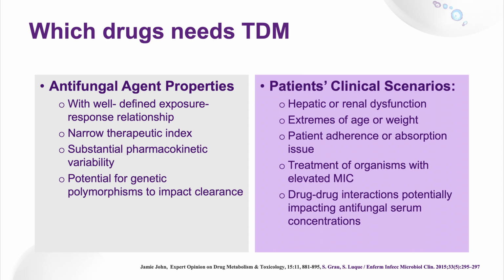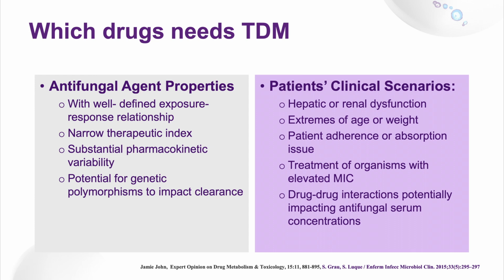Then there are drugs which have substantial pharmacokinetic variability, and this could be in absorption or in metabolism, where you are going to check the TDM. Again taking the example of voriconazole, we know that the metabolism of voriconazole is mainly by CYP2C9, and to a certain extent it is metabolized by 2C19, and there is genetic polymorphism which is different for different people.